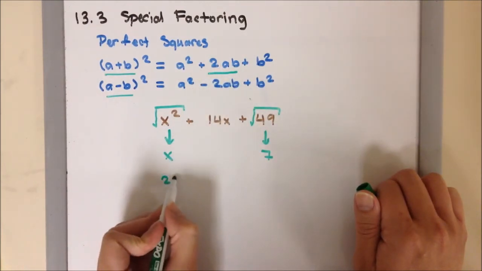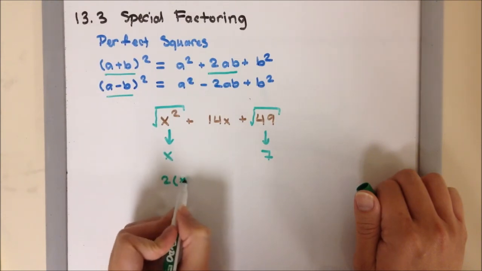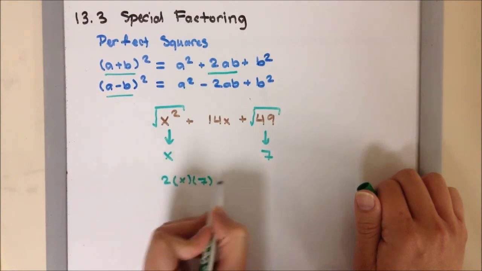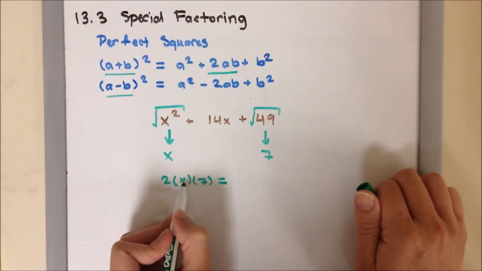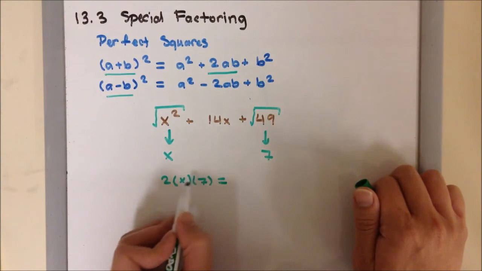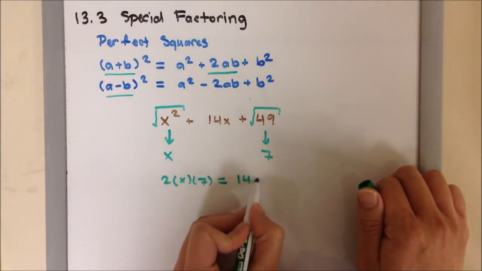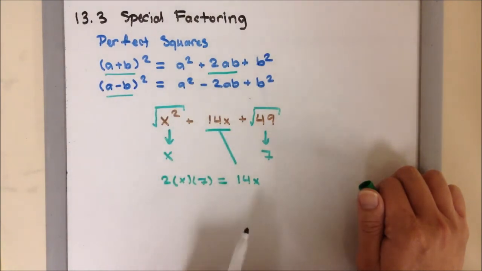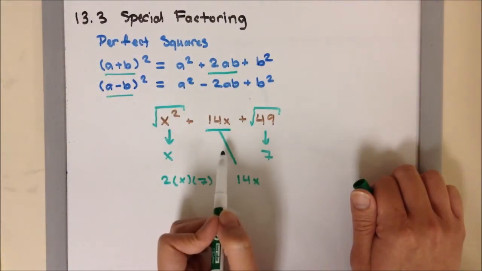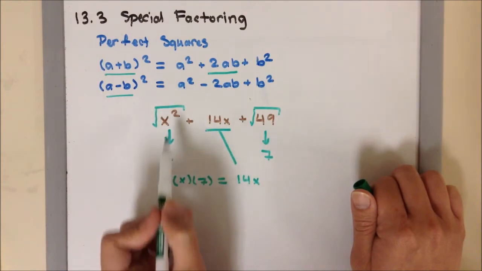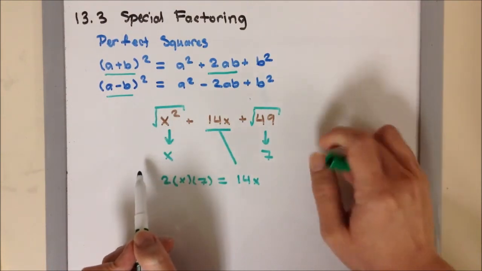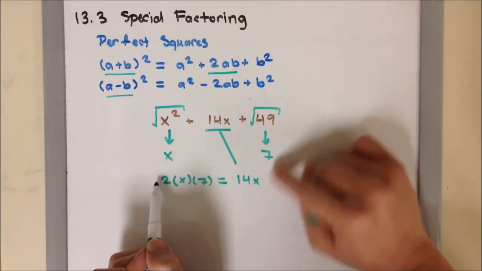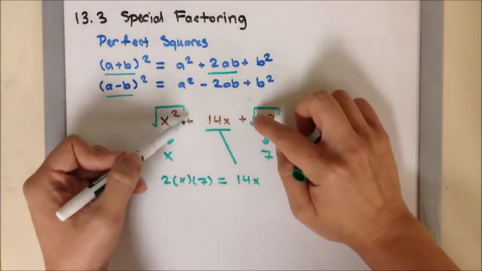So I'm going to do 2 times my a value, which is x, times my b value, which is 7. 2 times x is 2x, and then 2x times 7 is 14x. So it matches with this. This is indeed a perfect square because when I multiply my a value, x, and my b value, 7, and then times 2, I get 14x, and it follows the sign.